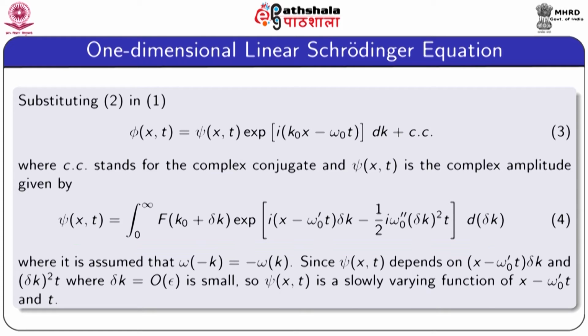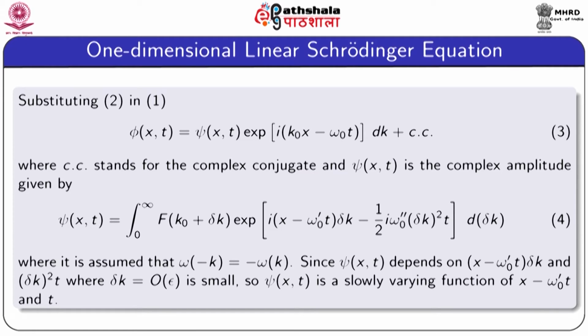Here we have taken the terms up to order delta k squared, and in this relation we also assume that omega is an odd function of k, that means omega at minus k equals minus of omega at k.